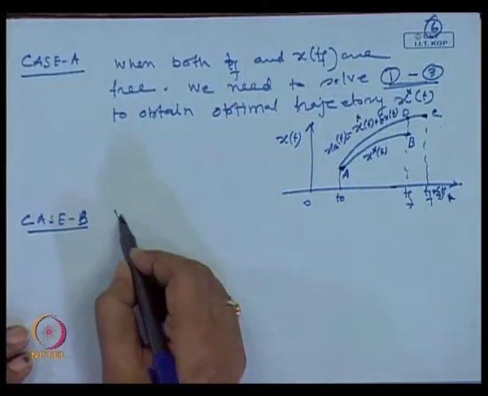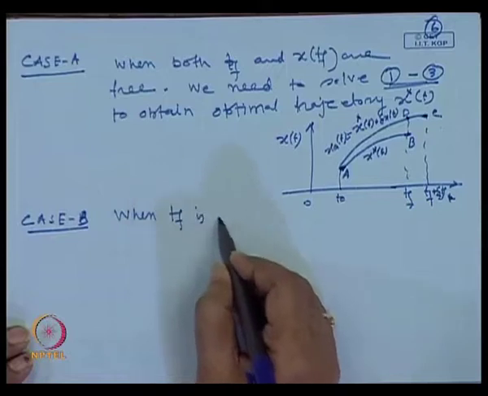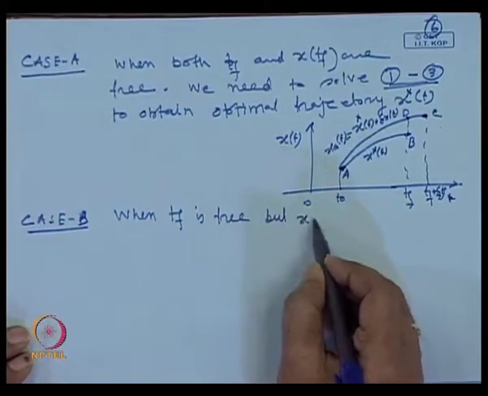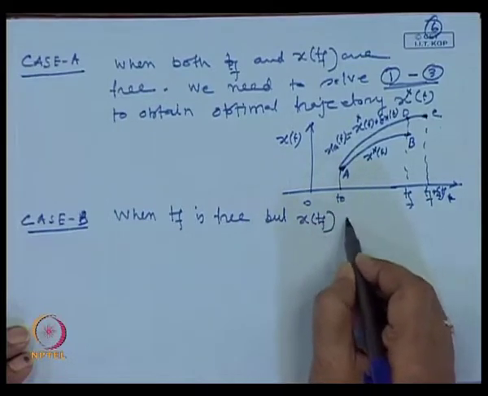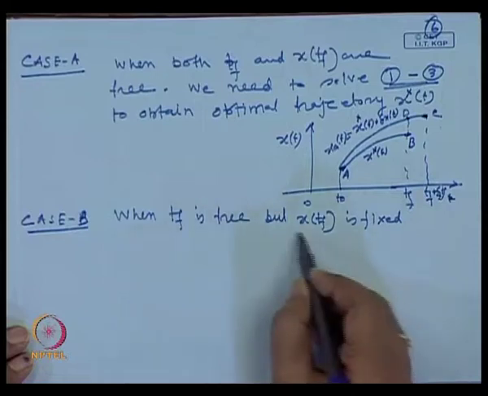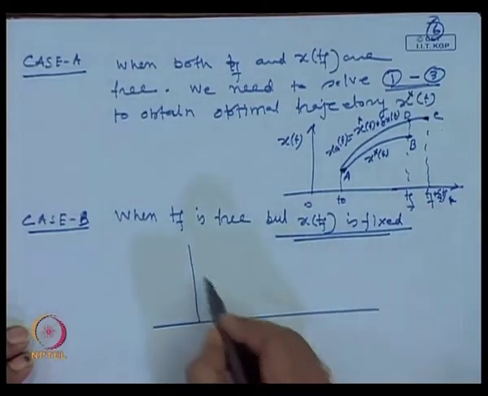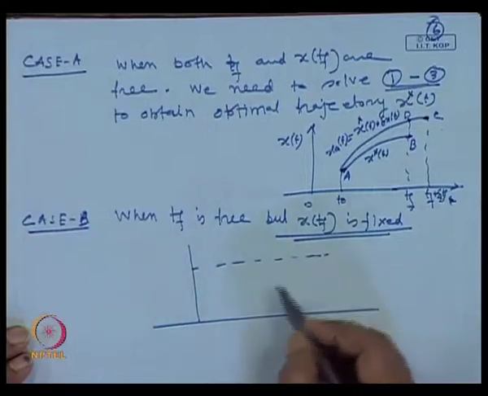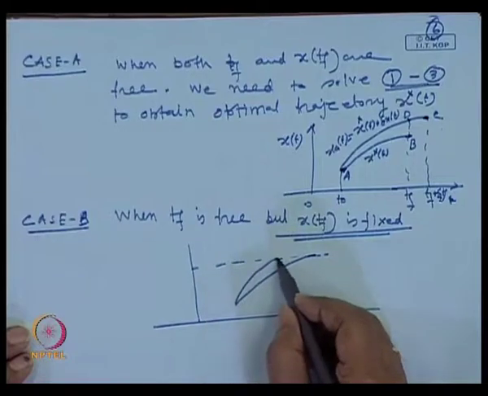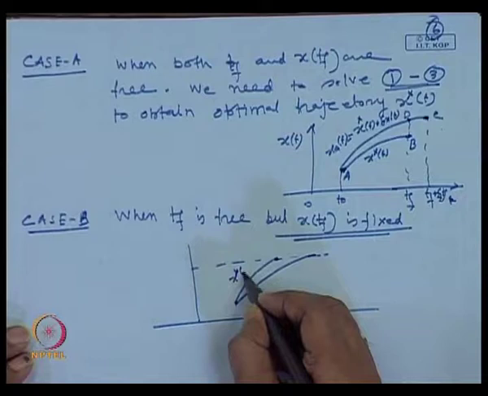Then some special cases can be derived from general case A. When T f is free, but x of T f is fixed, the curve looks like this. Suppose this is x star of t.